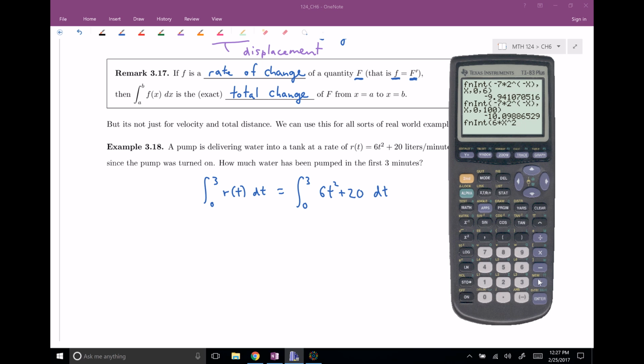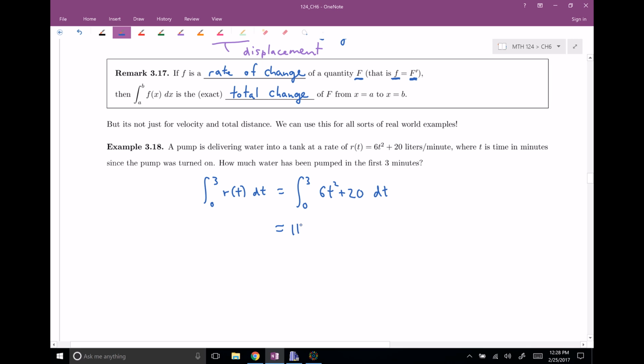So 6 times x squared plus 20, we are going to integrate with respect to x, comma x, comma from 0 to 3, close parentheses, enter, and we get the answer 114.